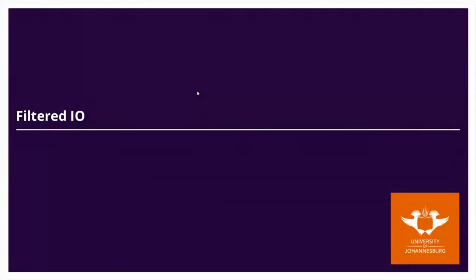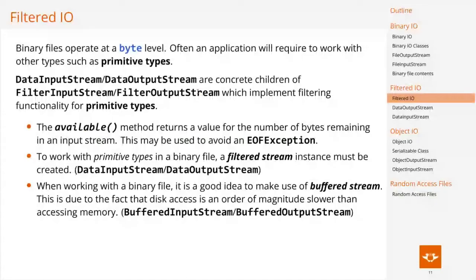We need something better. We want to work with binary files a bit easier, and that's where we can start looking at filtered I/O. With filtered I/O, we can use a different type of stream, something known as a data input stream or data output stream, and we can start working with primitive types.